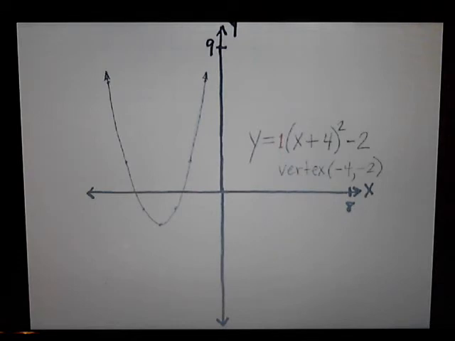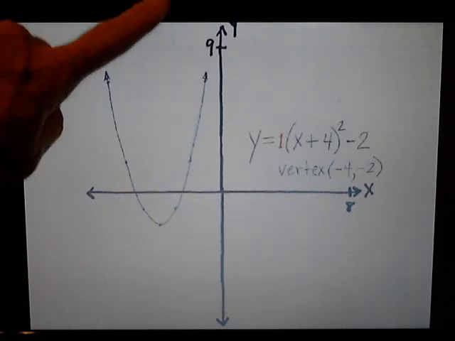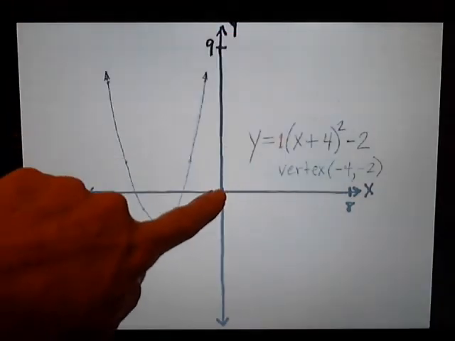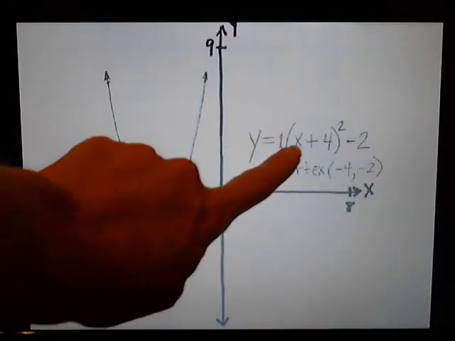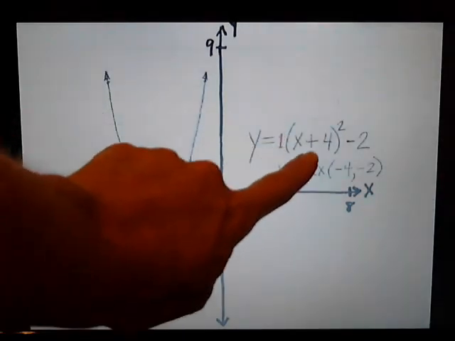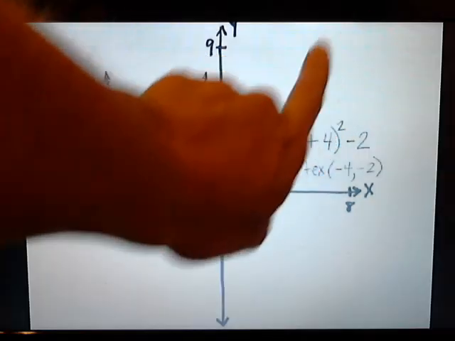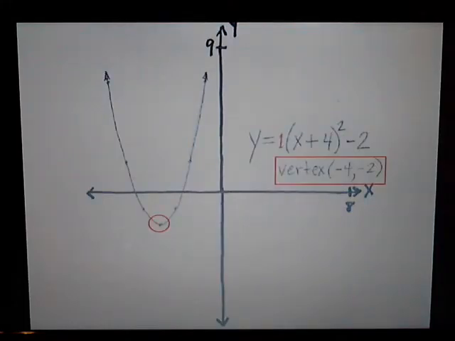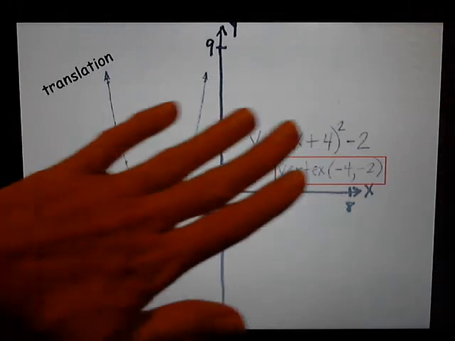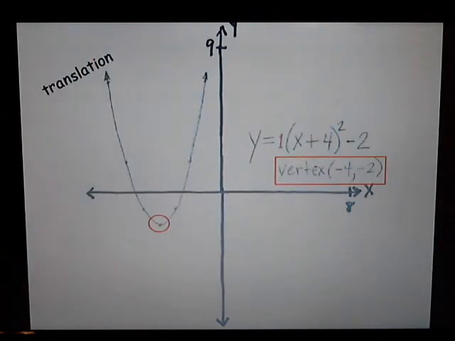And here is a quadratic function, which has gone from the parent function, which was also at the origin, and it is not just an x squared, it is 1 times (x plus 4) squared minus 2, and you'll see your vertex is (-4, -2). This is also a translation, so it has moved over and down from your original parent graph, and we will discuss those as well. So I wanted you to see that.